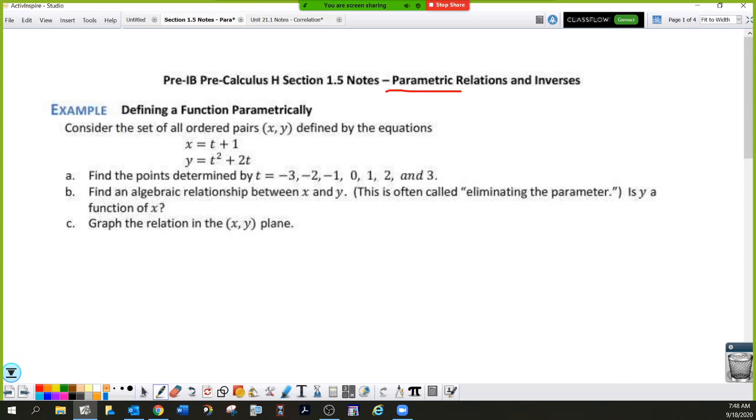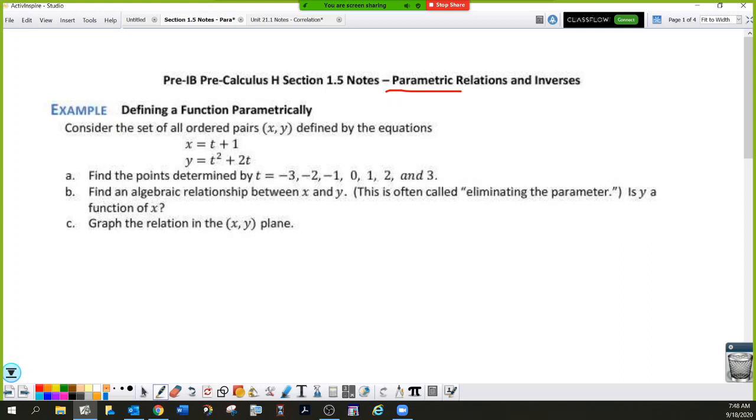We use t. And a lot of times we use t because t will represent time. So for any of you that are in physics, this might look familiar, because when you talk about projectile motions in physics, a lot of times you have motion on the x-axis and motion on the y-axis. And t would be the variable there for time.